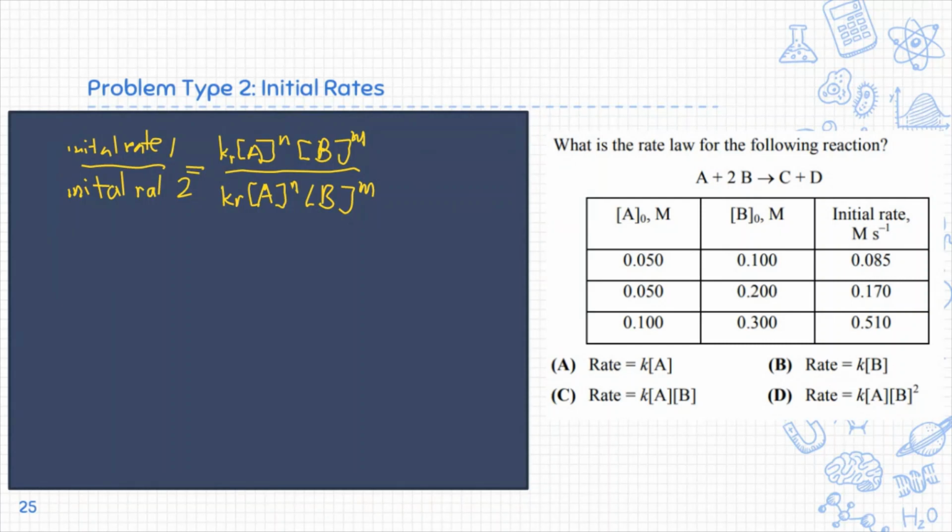if any of these concentrations for both experiments are the same, for example, in the case of A, if it's both held at 0.05, right? No matter what the order is, it could be 1 to 14, this will still cancel out, technically, because it will always equal 1.